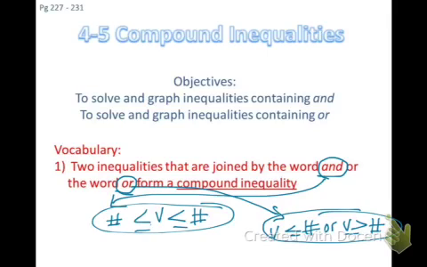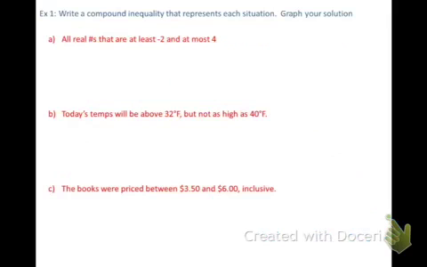So, in example 1, we're going to start with the "and" inequalities. I know it's going to have this and a variable, x. So we're going to have to see if we're going to have lines underneath it or not.